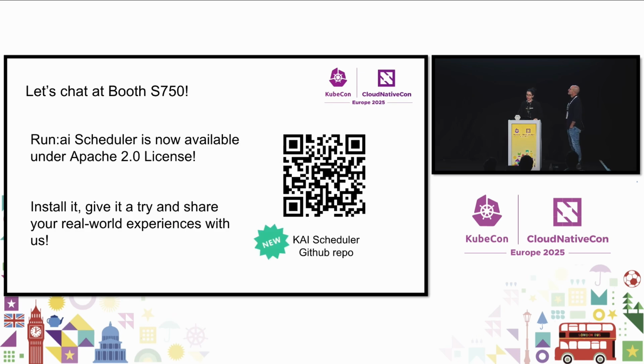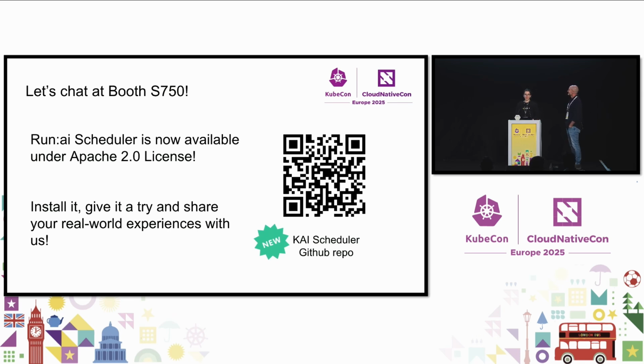And one more thing, we are very excited about this specific KubeCon because the core of the Run AI platform, our Run AI scheduler, is now available under Apache license. So if you are scheduling AI workloads, we are very happy to hear your feedback.